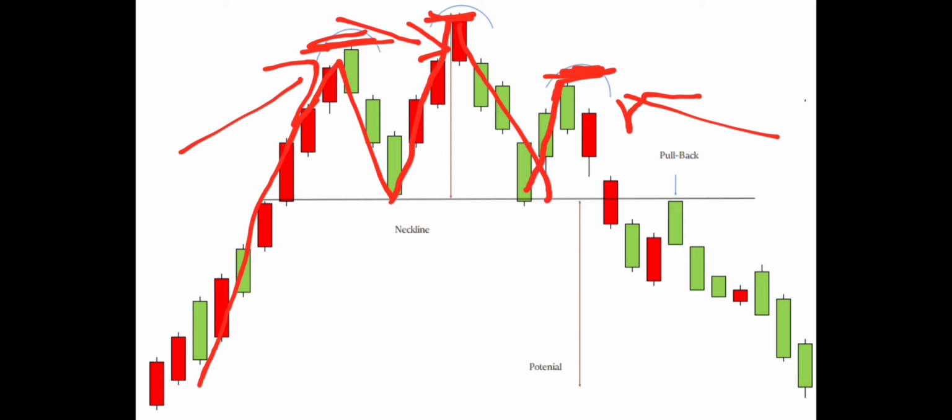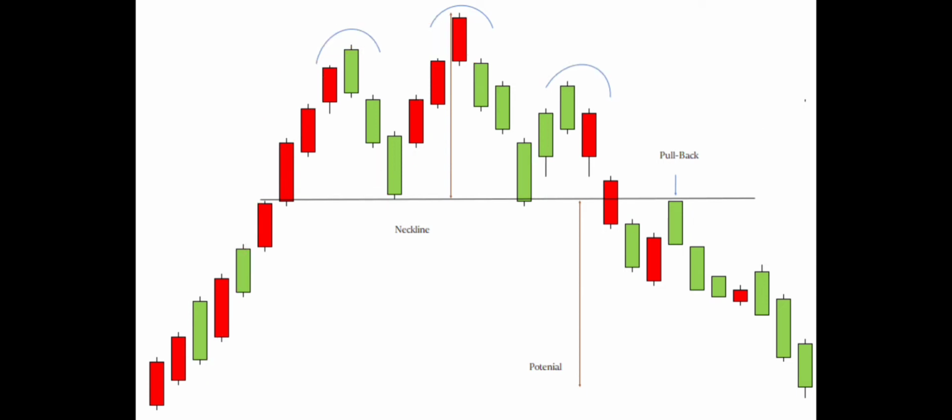So when all these are formed, next we should wait for price to start the downtrend. Then there is going to be a retest, or what you call a pullback, at the neckline. You can check the previous videos in this series and you will know what we called the neckline.